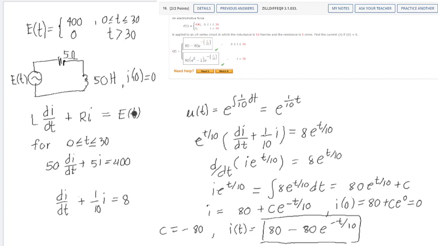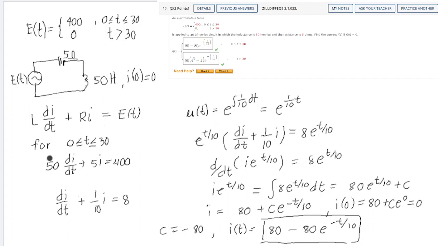Now for t between 0 and 30, we have 50 dI/dt plus 5I is equal to 400, because our electromotive force for these times between 0 and 30 is 400. That's why we have 400 here, and 5 is our resistance, 5 ohms, and 50 our inductance, 50 Henry.